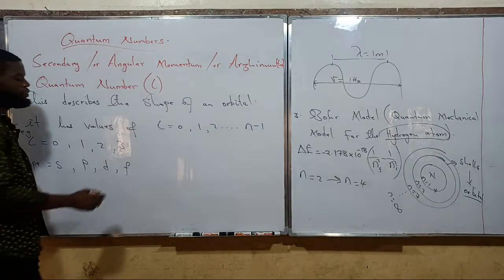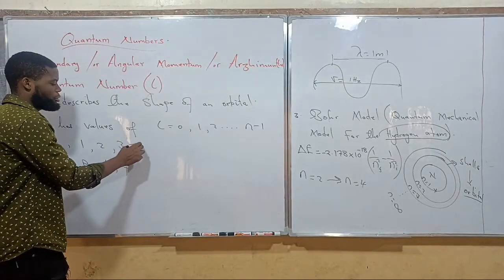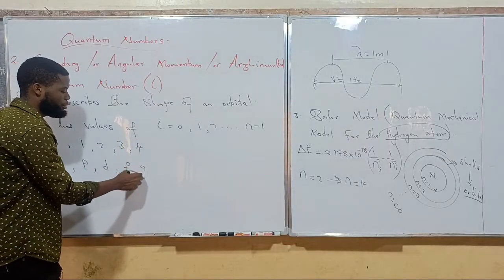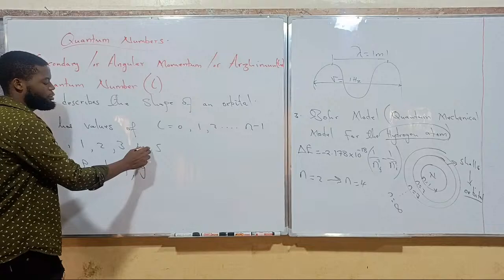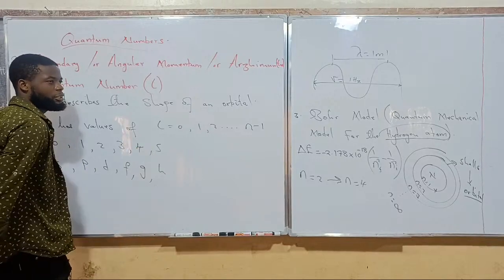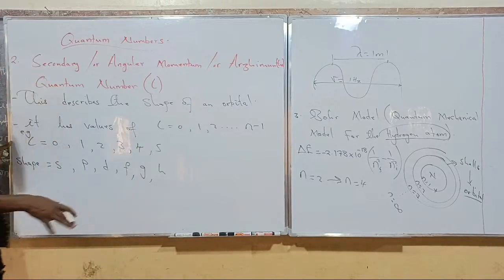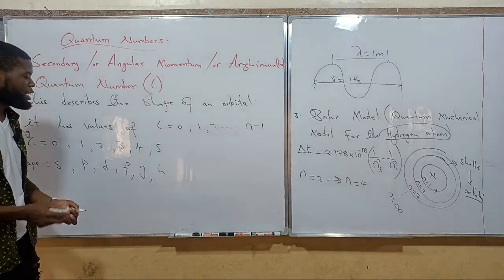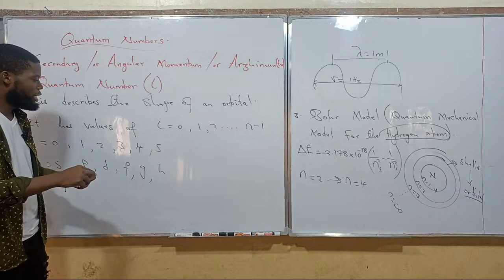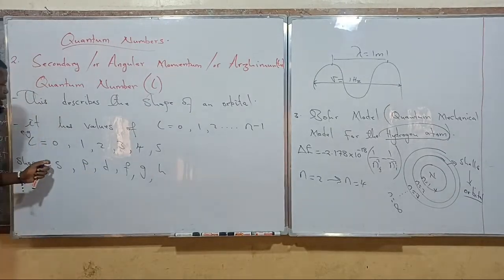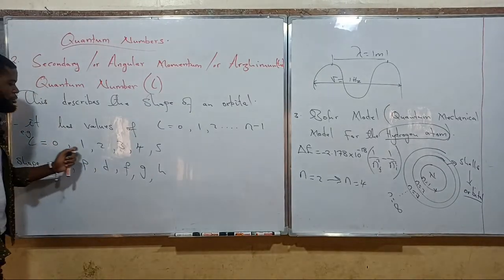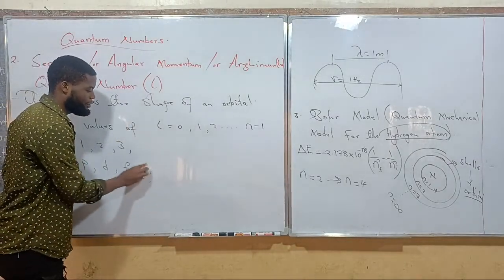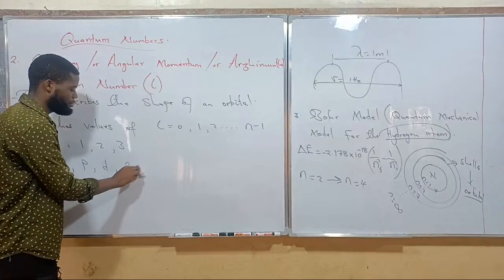Now what happens if we go to L equals 4? Of course, the shape becomes g. If L equals 5, h. So you can follow the trend, you go down alphabetically. But for the sake of practice and the commonly encountered values, they run from 0, 1 up to, in most cases, 3. So we'll leave our example up to 3.